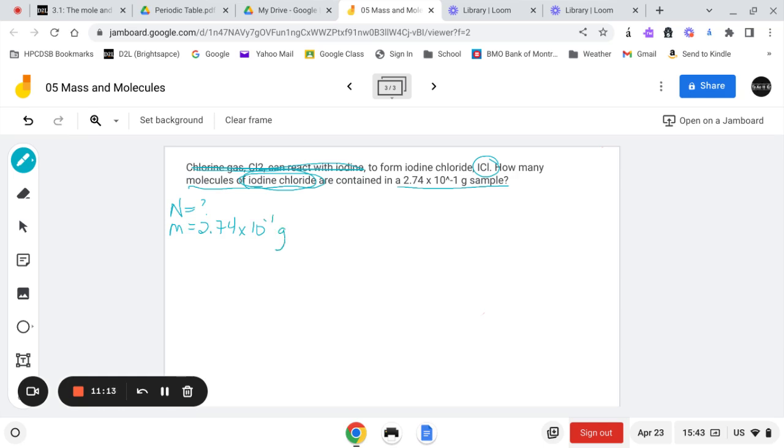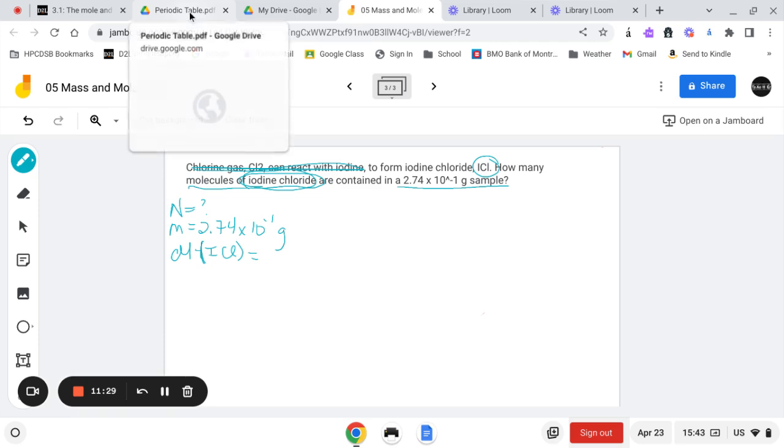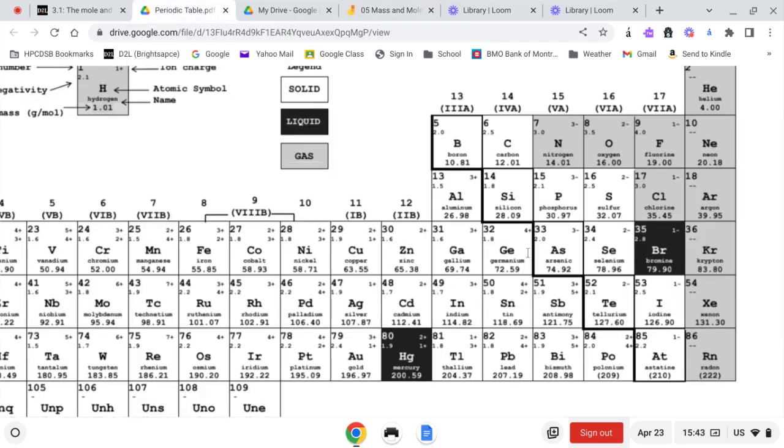We know that if they're dealing with masses, we're going to need molar mass. So let's solve for the molar mass. I'm going to put the formula in here of ICl. And I'm going to go over to the periodic table and look up the molar masses of each of those elements. Here's chlorine, 35.45. Here's iodine, 126.9.